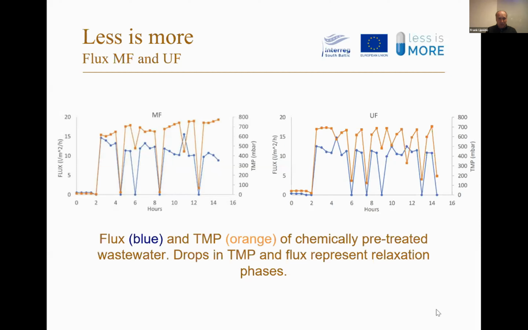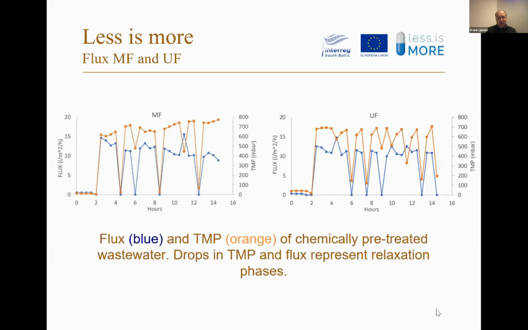However, we're talking here about membranes, and one thing we certainly also looked at is how did our membranes perform. We looked at the fluxes, and we tried to keep the fluxes relatively stable at just 15 liters per square meter per hour. And what you can see here is that we achieved this quite nicely. You see drops, and that was one of the mechanisms we used to reduce fouling.